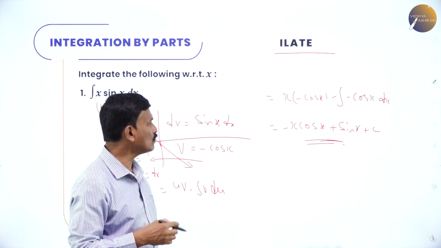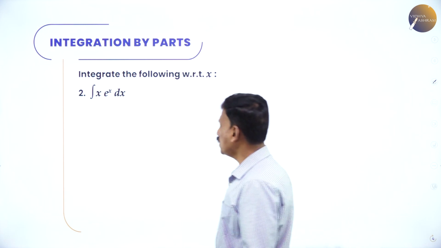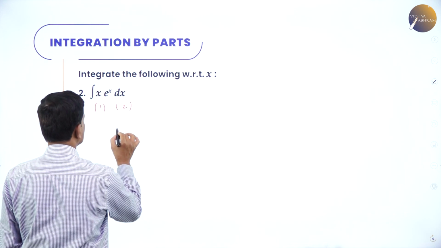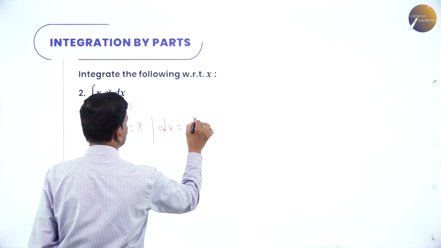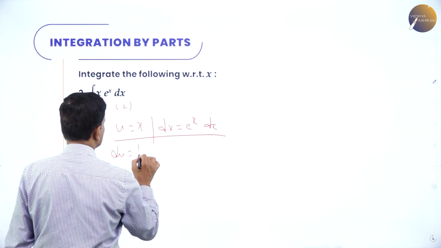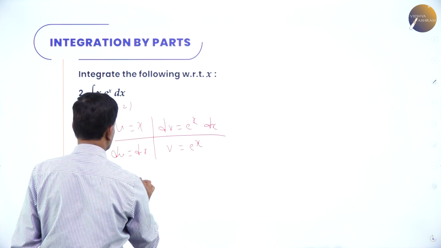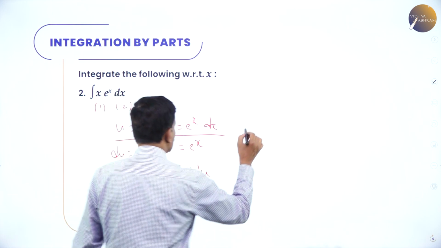Okay. Now let us take one more problem, x e power x. Here you can consider x as the first function and the exponential as the second function. u is equal to x and dv is equal to e to the power of x dx. Now differentiate this. du is equal to dx. Integration of e power x is e power x. What is the formula? uv minus integral v into du.